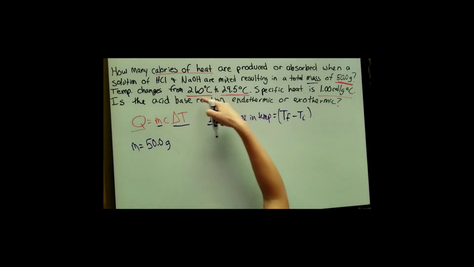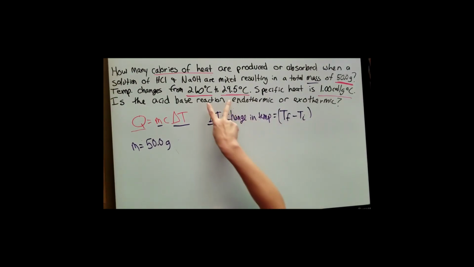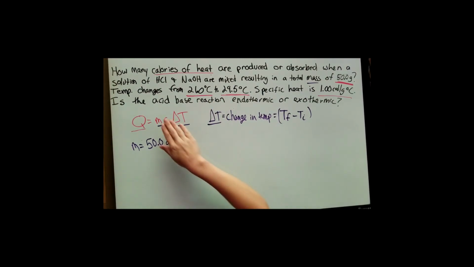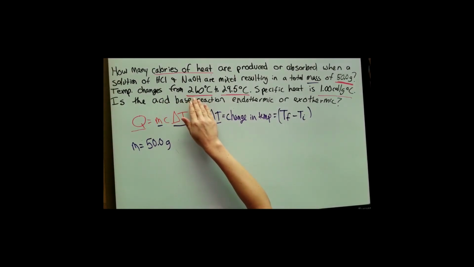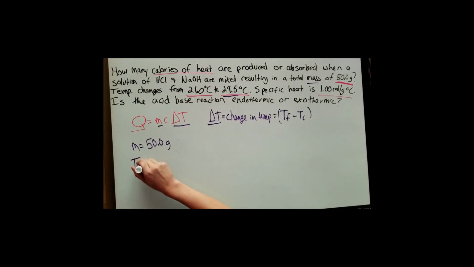Okay, so these two temperatures given, one's our final and one's our initial. So we need to figure out and label appropriately what variable these numbers stand for. It's saying it goes from 21 to 29.5. So the final is going to be the 29.5 because that's where it ended. So I'm going to label that over here as my Tf, my final temperature.